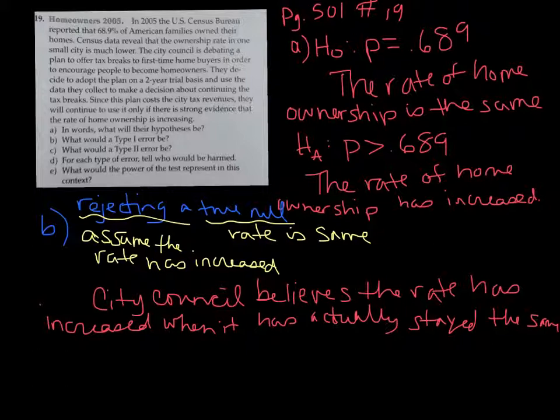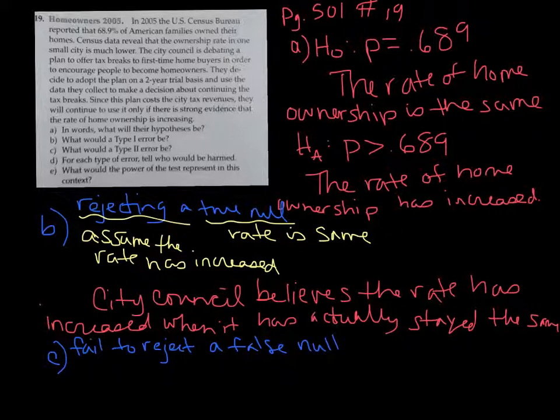So for the next part, they are asking you, what would a type 2 error be? Once again, it's a good idea to write it out and think about what a type 2 error actually means. A type 2 error means that they fail to reject a false null hypothesis.